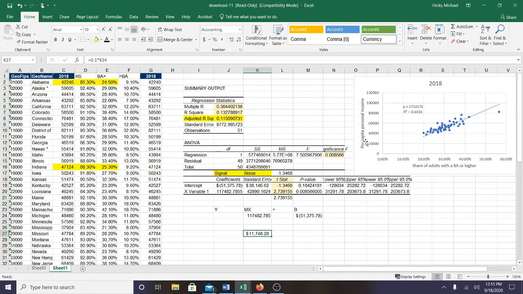Now, the problem with this, which I think all of you can see, is that education alone, despite being profoundly important, is clearly the most important thing that determines per capita income. It's not the only thing. What else matters? You could think of a number of things that might matter. What are the industries that your state has?